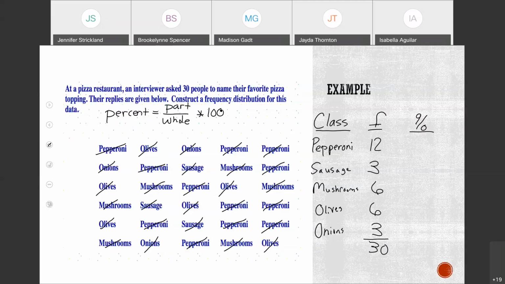So what that means for me, if I'm going to do a percent for pepperoni, the part is going to be 12, because that's how many I had here. The whole is going to be 30, because that's the total number. And then I'm going to multiply by 100. So part being the 12, because there are 12 pepperonis, 30 being the whole, because there are 30 altogether, and then we multiply by 100. That should give you 40%.